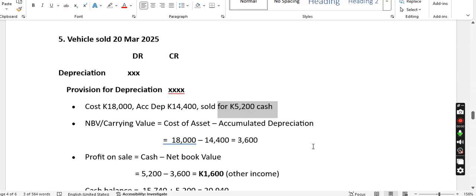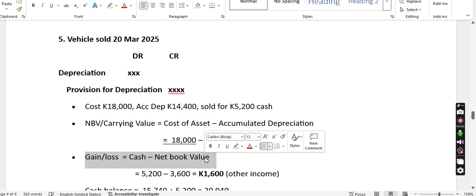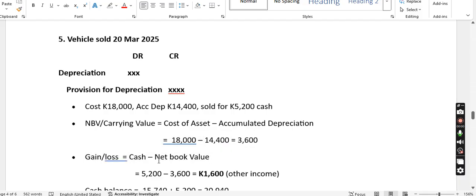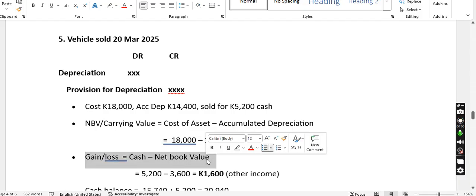So we have to find out our gain or loss on disposal. Anytime you hear an asset has been disposed of, tell yourself, I have to find out whether there was a gain or a loss. If you get a positive value, there was a gain. If you get a negative value from this formula, there was a loss.